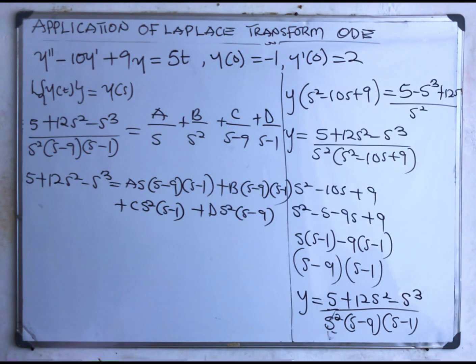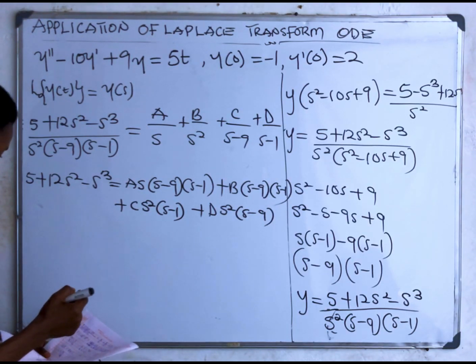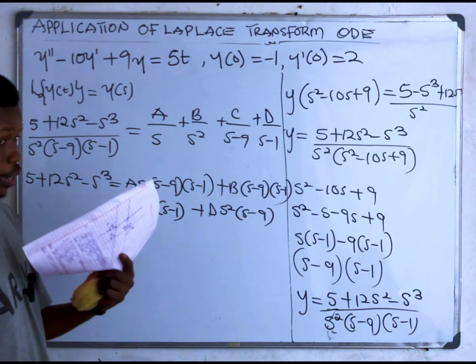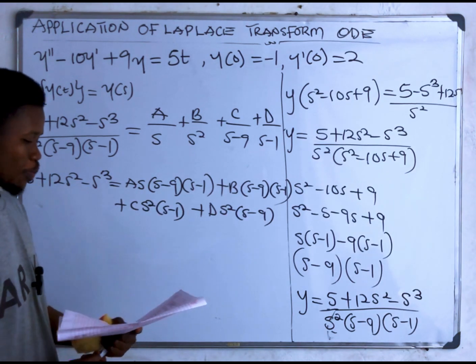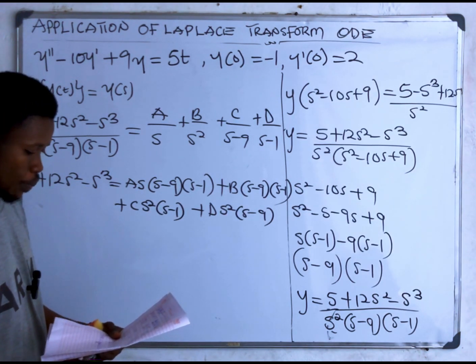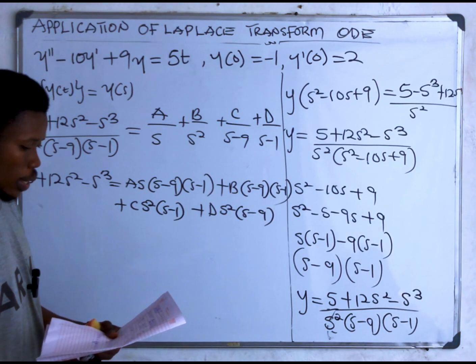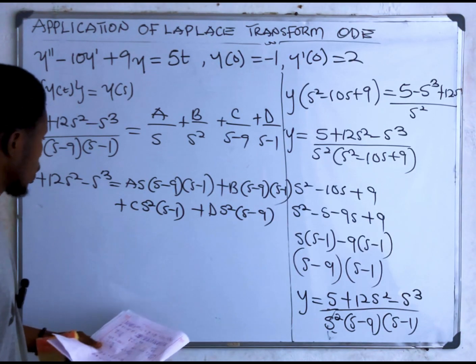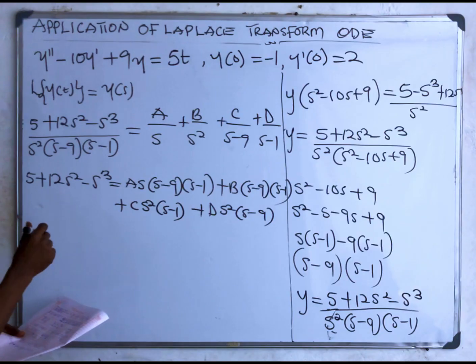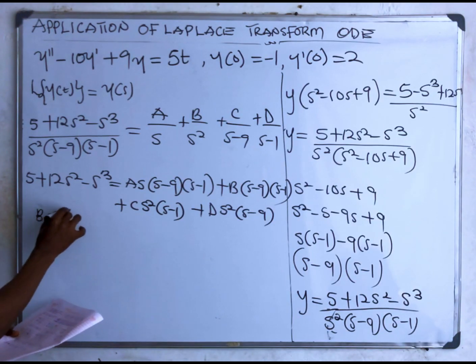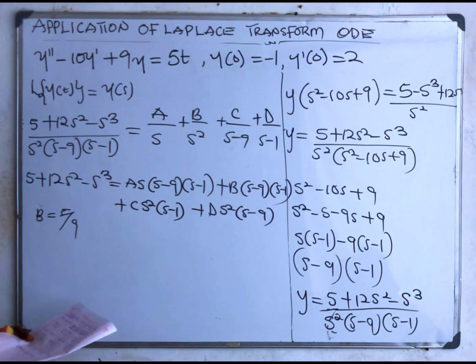Now, after everything, if I've done my workings here, what I have is that if I take s to be 0, then I'll get B to be 5/9. That's what I have.